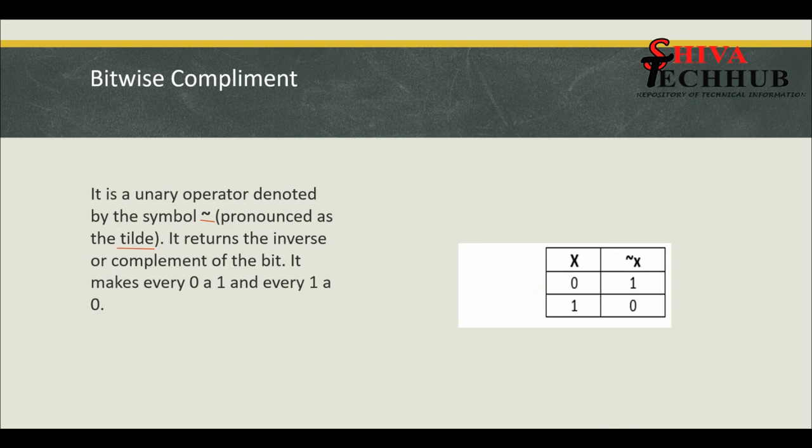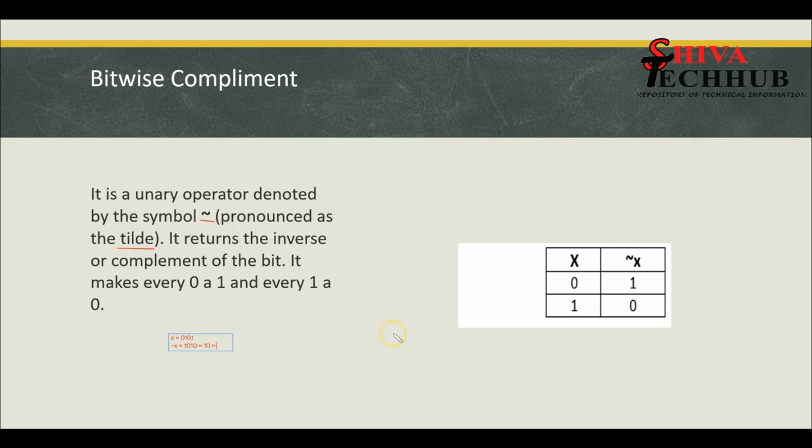And also there is a formula. Let me make you understand with an example. For example, x equal to 0101. Complement of x equal to 1010, which is equivalent to 10. So this will be the expectation, correct?